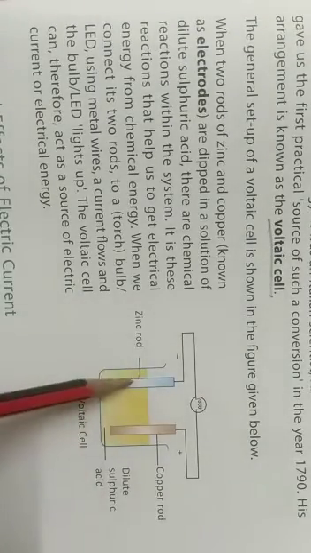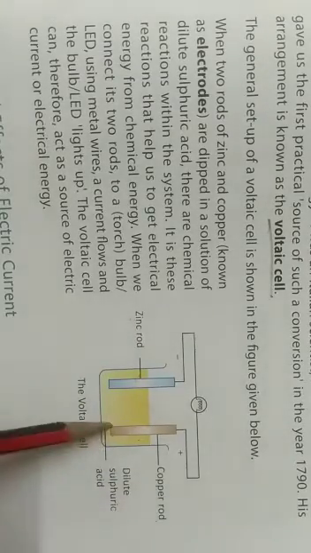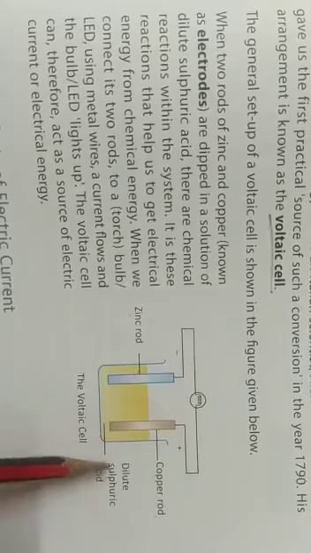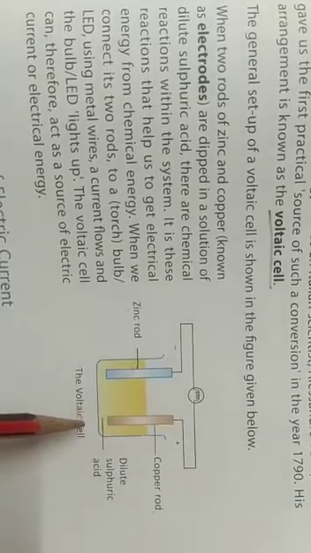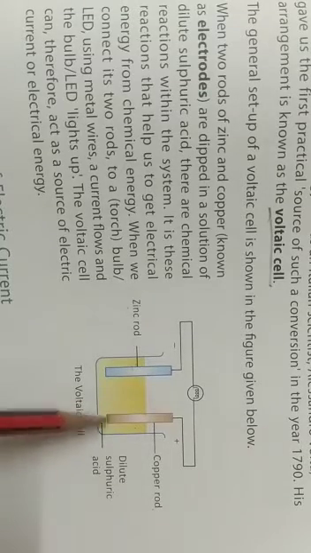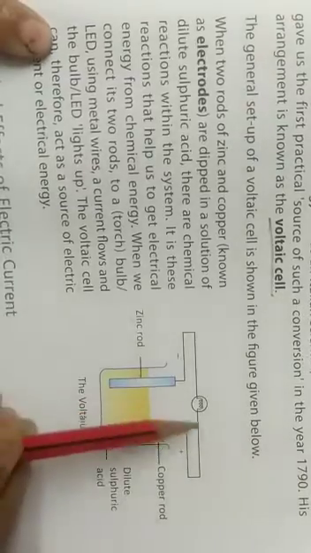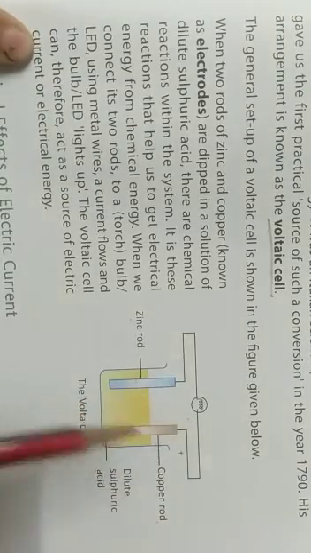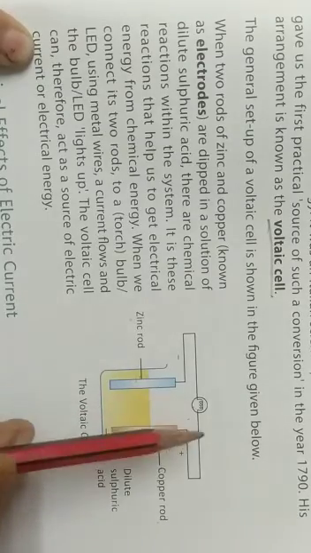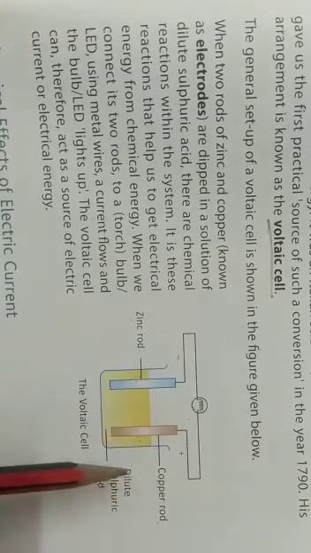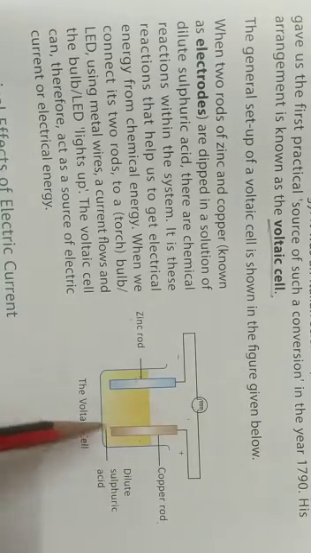It has two rods, one a zinc rod and the other a copper rod. ठीक है, it is dipped into a solution of dilute sulfuric acid. It is these reactions that help us to get electrical energy from chemical energy. When we connect these rods to a torch bulb LED using metal wire, a current flows and the LED bulb lights up. The Voltaic cell can therefore act as a source of electric current or electrical energy.